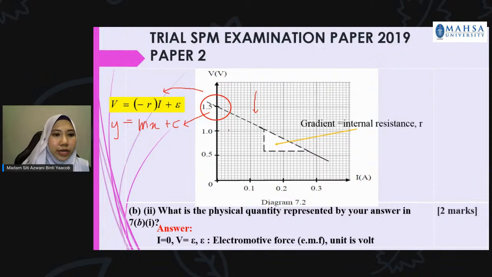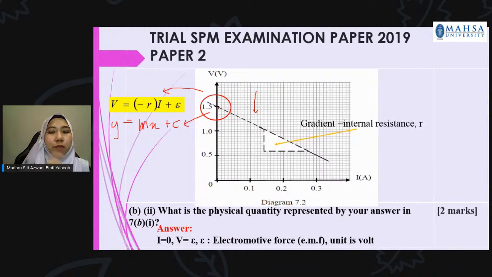Why do you get the negative here? Because the slope is negative, but the value of R, the internal resistance, is positive. So you get 1 mark where you extend the line. You need to extend the line so that you get the intersection. The y-intercept is equal to the value of your battery.